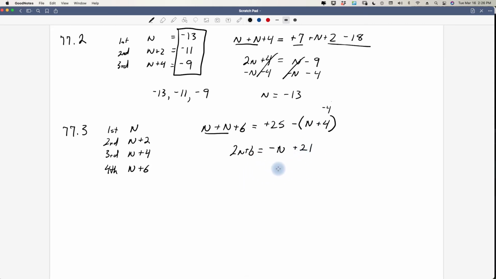So now we can swim our fish. Let's bring him over. Let's get rid of him. This cancels, so that's 3n equals 21 minus 6, which is 15. So divide both sides by 3, n is equal to 5.